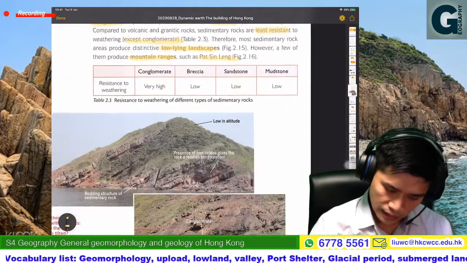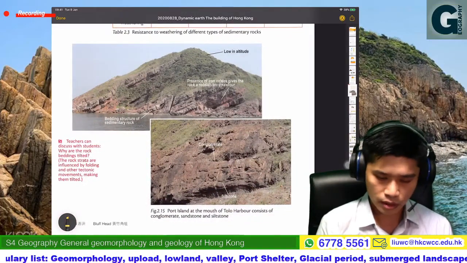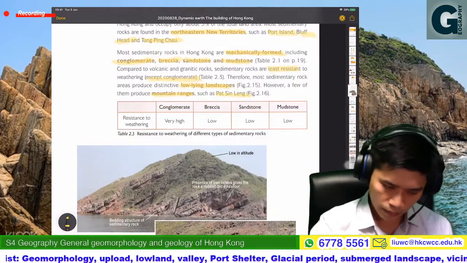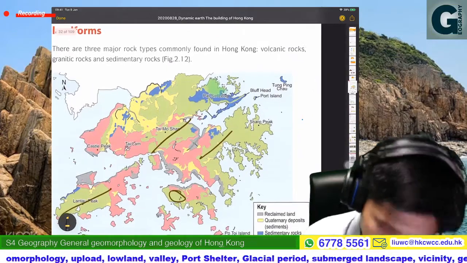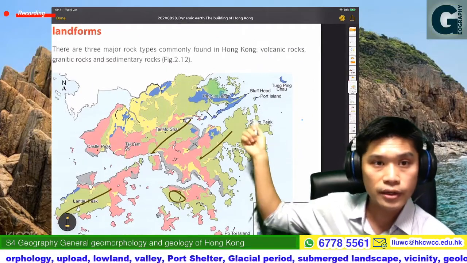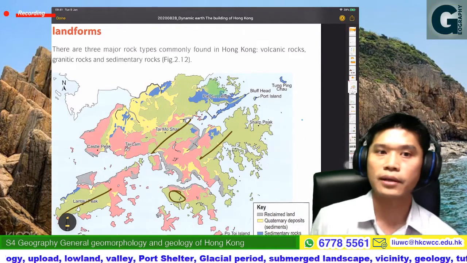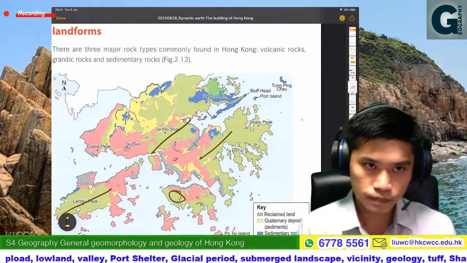Okay, and then that would be about Port Island, 赤洲。Port Island 喺邊呢？睇翻我哋之前嗰個 map，Port Island it should be here，赤洲就呢度，一樣係東北邊。Okay.